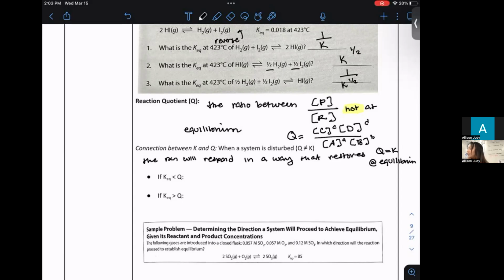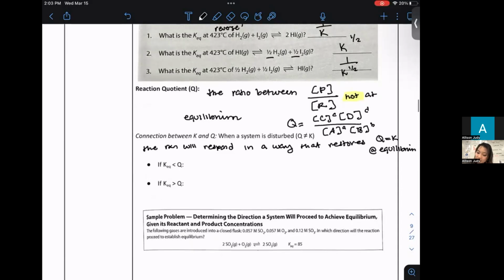When Q equals K, you know you're at equilibrium. So this is how we numerically identify that we're not at equilibrium, is that the Q value, which is the exact same setup and expression, is not the K value. Calculate them the exact same way. How would you get a different value? Because you would have a different measured mole amount of product versus mole amount of reactant. You would have different concentration.